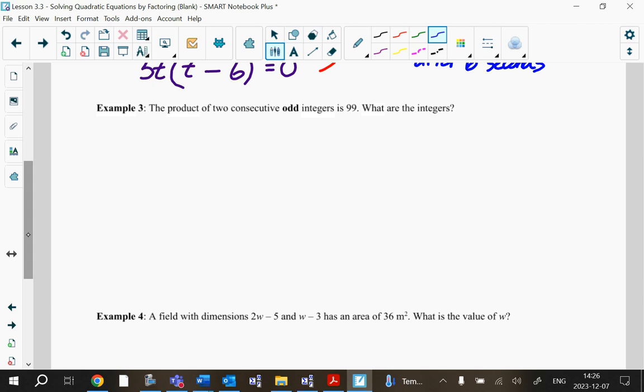The product of two consecutive odd numbers is 99. Sorry, odd integers. And I put integers on purpose because the numbers could be positive or negative. So how many unknowns are there here? 2.